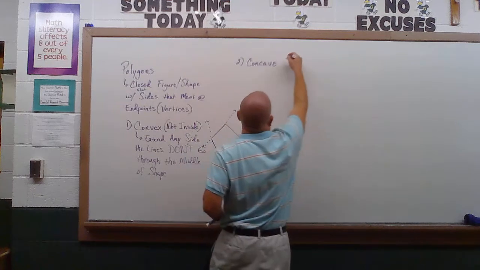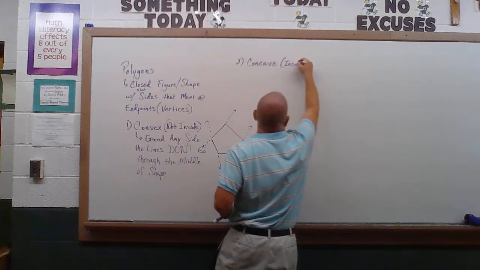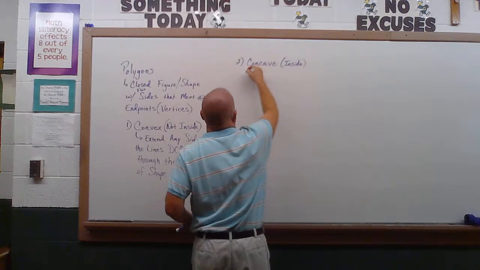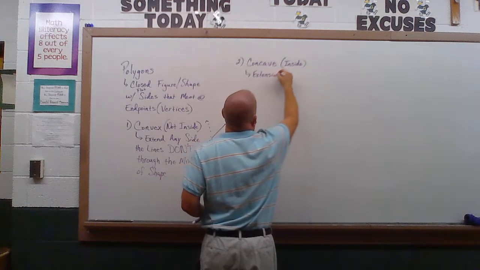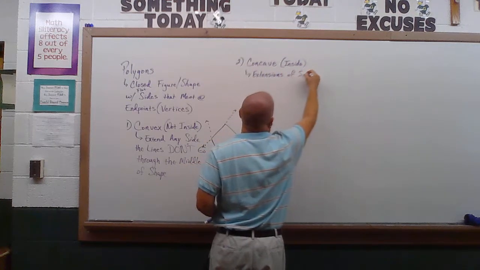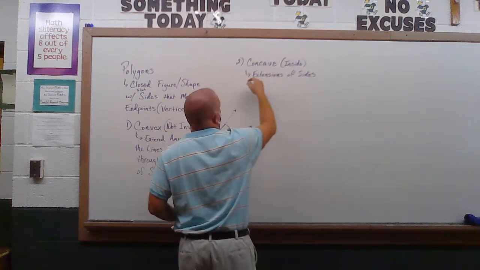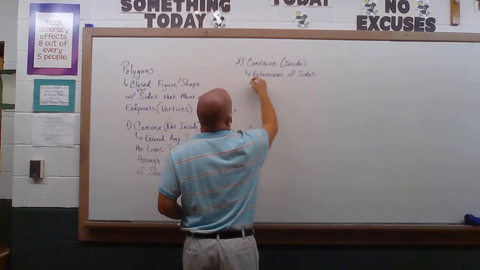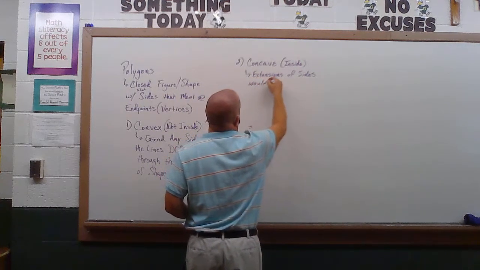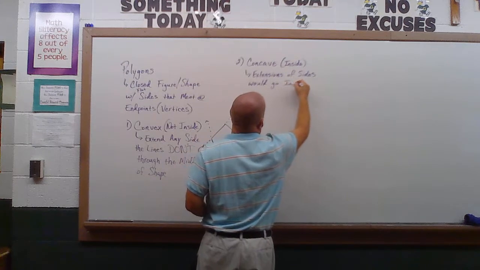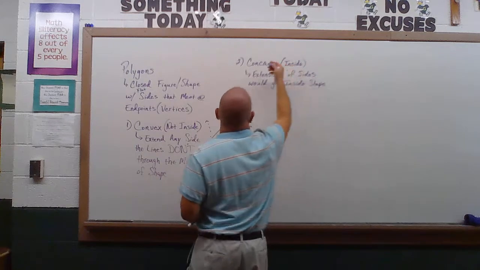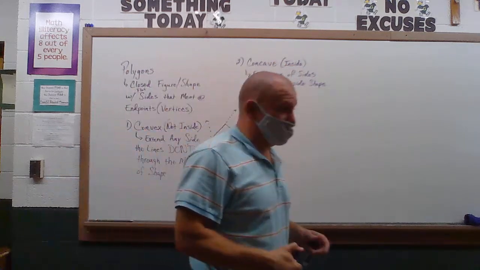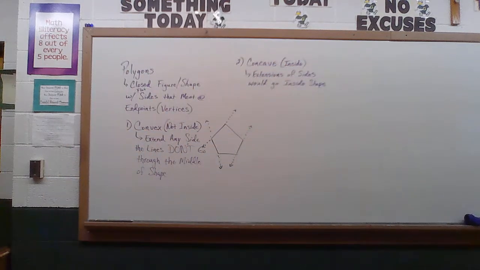So this would be considered inside, extensions of sides would go inside the shape. I remember this as concave. If you cave something in, it goes in. So that's how I kind of remember concave versus convex.